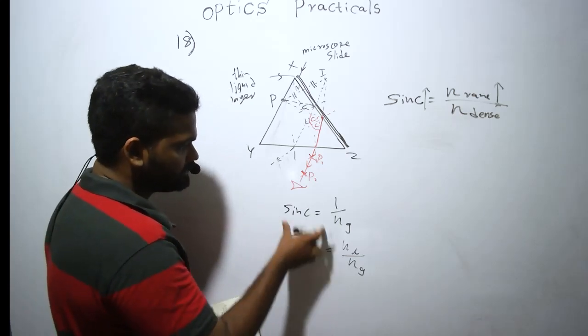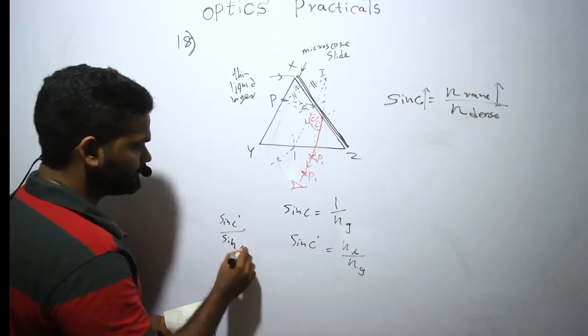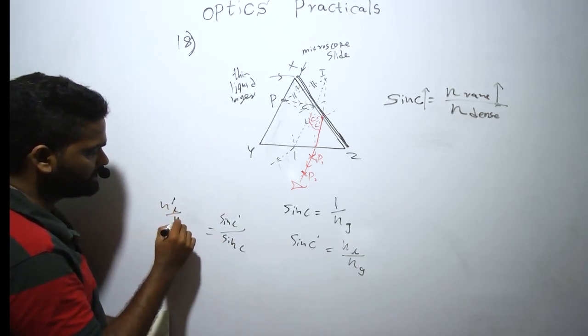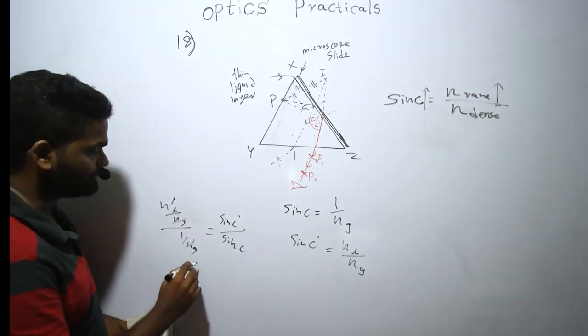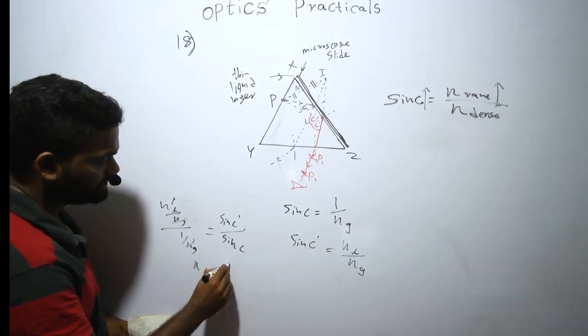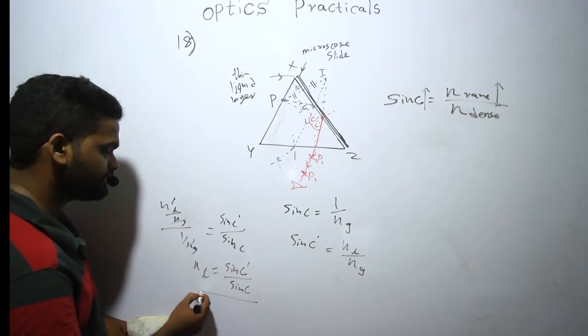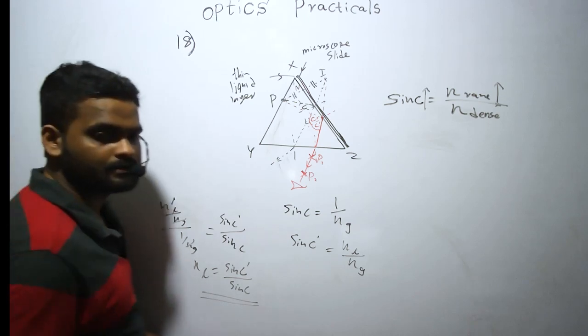If you divide this by this, sin C dash divided by sin C, what do you get? Sin C dash is NL divided by Ng, divided by 1 over Ng. Ng cancels off, you can find NL. NL is equal to sin C dash divided by sin C. So this is the refractive index of the liquid. Take it down.